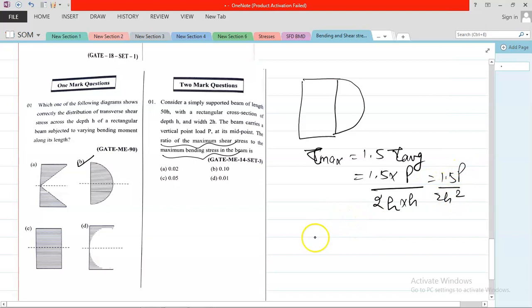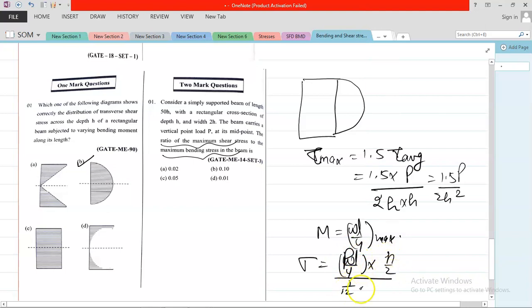And your maximum bending stress is, because it is simply supported, M is WL by 4, the maximum moment at the center, and your sigma is WL by 4 or PL by 4 into H by 2 divided by 1 by 12 into H cube into 2H. So you can take the ratio of tau max upon sigma max and you get the value as 0.01. So the answer is 0.01.